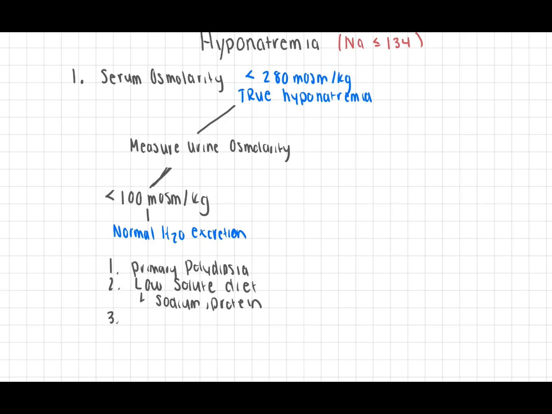A third time this can happen, and this isn't always the case, is something called reset osmostat syndrome. And this can occur over a wide variety of urine osmolarity, so it's not exclusive to this section, but reset osmostat syndrome is where you have a change in your normal plasma osmolarity threshold.